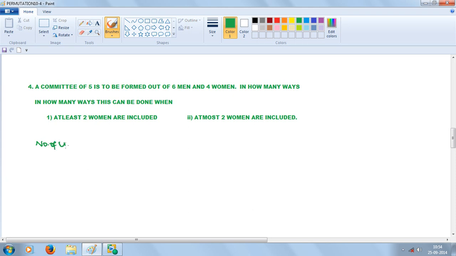Number of ways of selecting women. For each, you can make one more column. What about men? Similarly, what about the total number of ways?